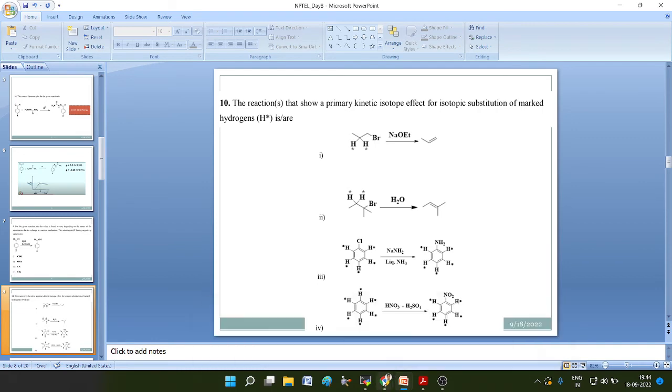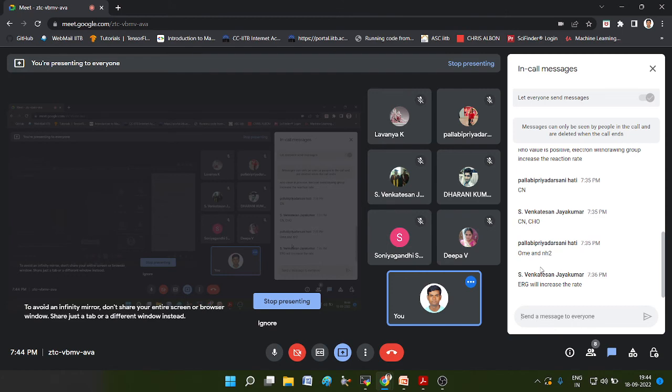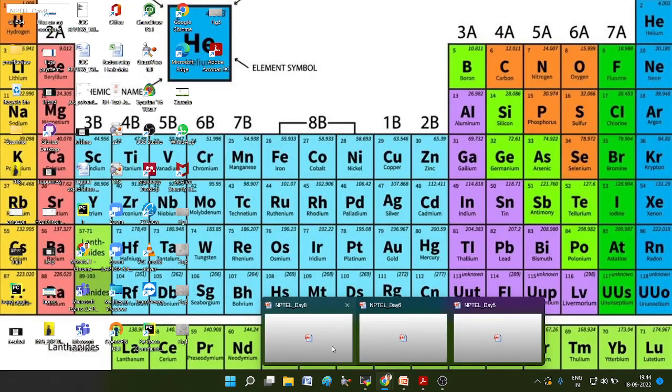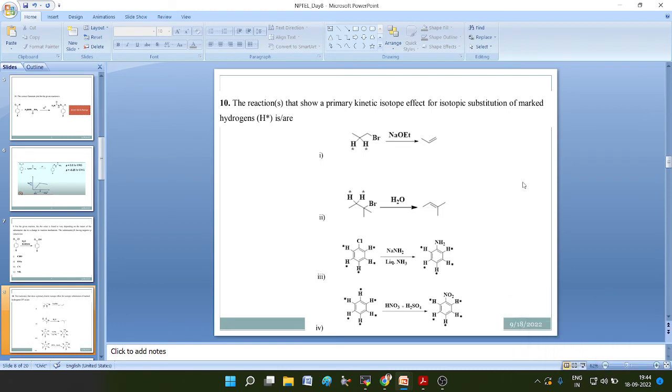Anyone answered? Let's check it. Please answer fast. Which options will show primary kinetic isotope effect? It's very easy.